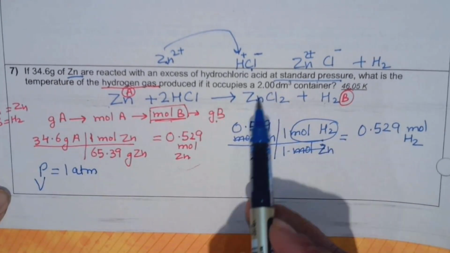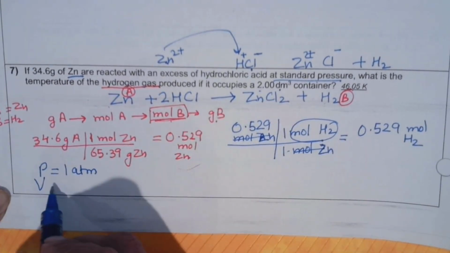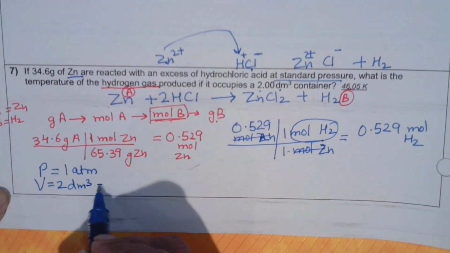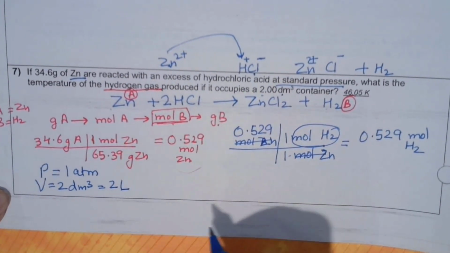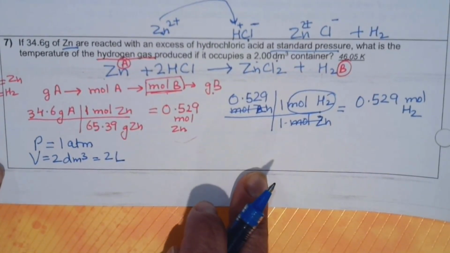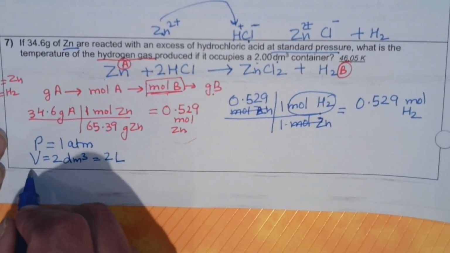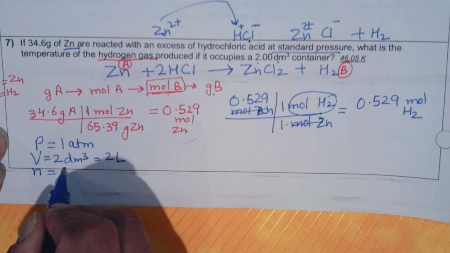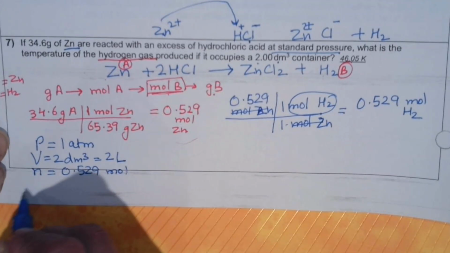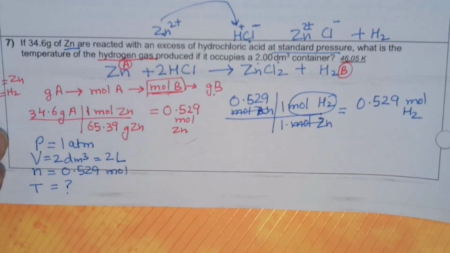Volume is 2 decimeter cube, which is also equal to 2 liters. So we have volume, we have pressure, and we have number of moles. N is 0.529 moles, and we can solve for T, right?